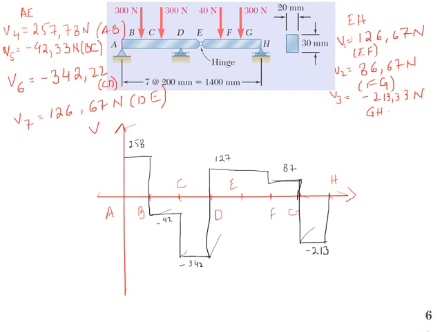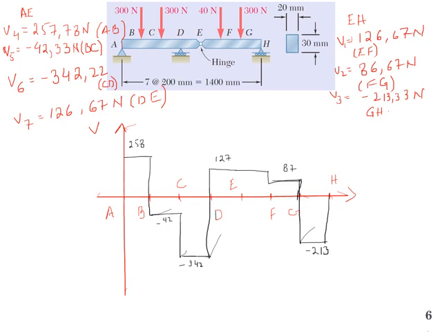It's constant between AB, BC, CD, EF, FG, and GH because there is no distributed load acting on the beam. Now let's draw the bending moment diagram.